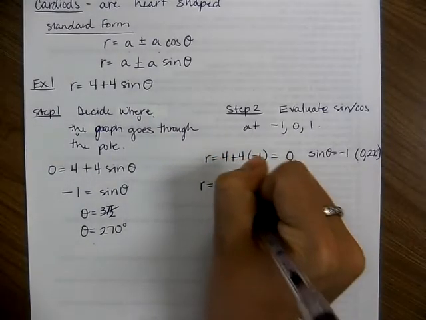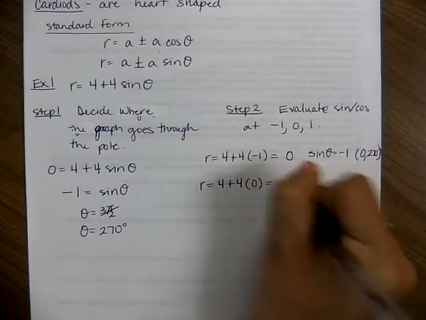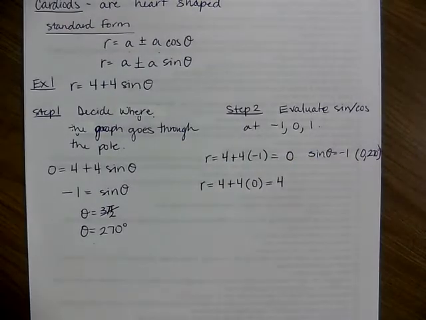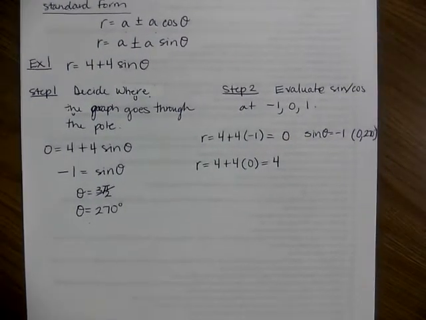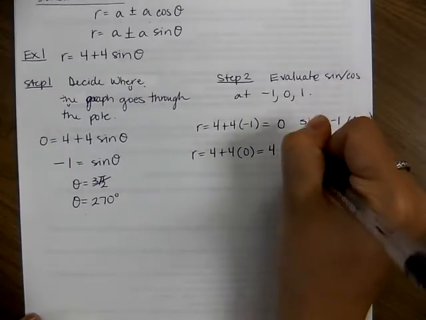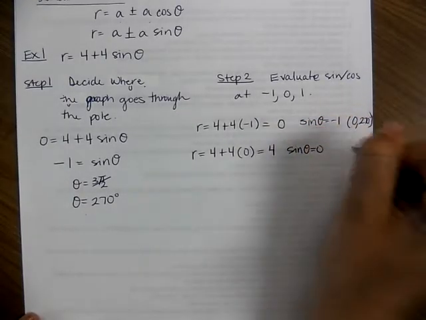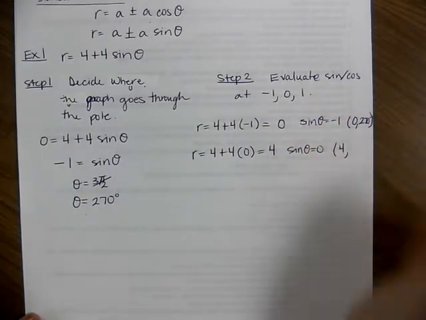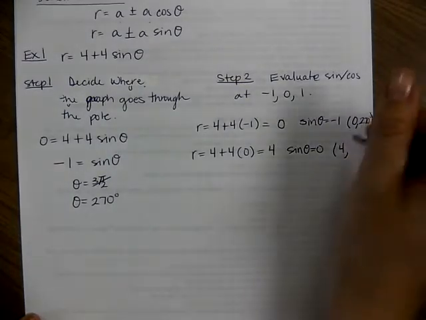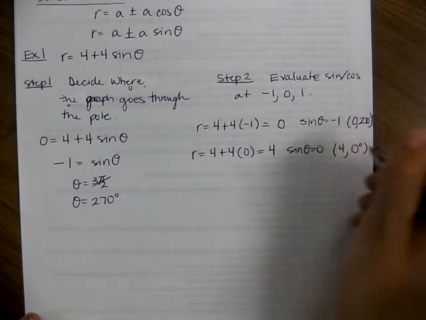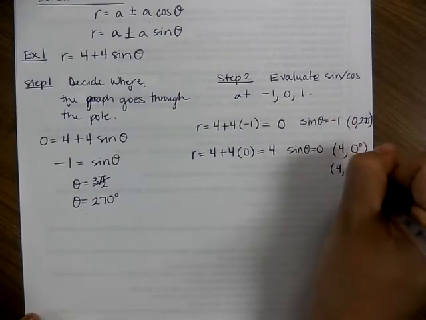r equals 4 plus 4 times 0, we're going to get 4. So we plug in 0. Okay, where is sine 0? At 0 and pi, so 0 degrees and 180 degrees.